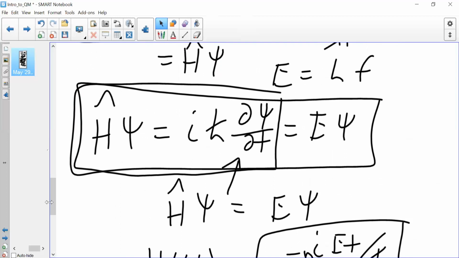So tomorrow, I'll be getting into talking about angular momentum, the angular momentum operator, and talking about its particular eigenfunctions. And we'll go into deriving one component of angular momentum.